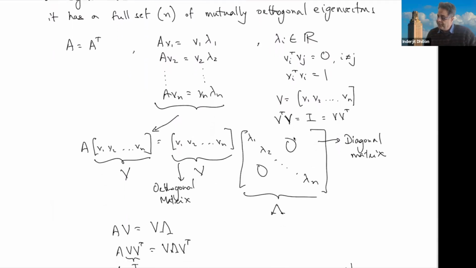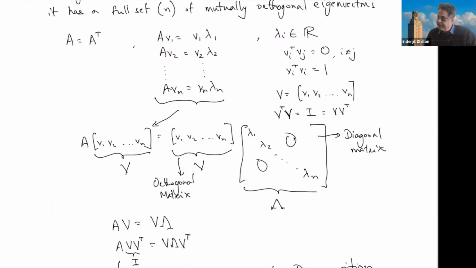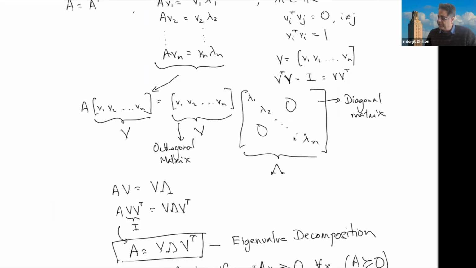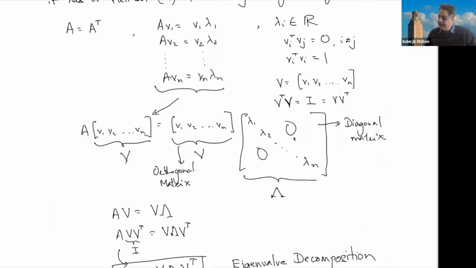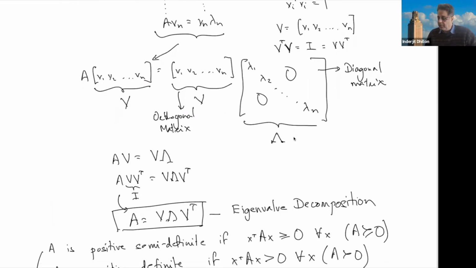Okay, so if you are looking at a symmetric matrix, we can actually get what's called the eigenvalue decomposition, because A times V is equal to V times lambda. Lambda is diagonal, V is orthogonal.